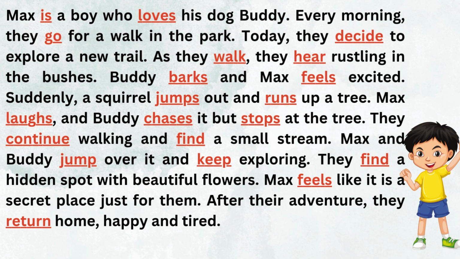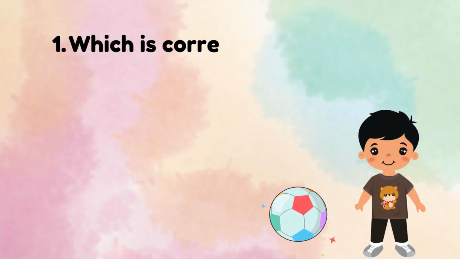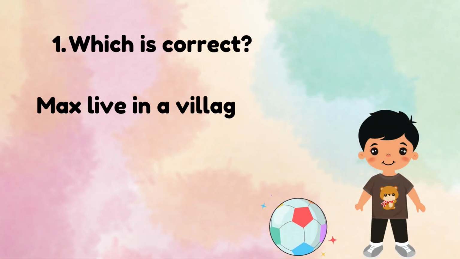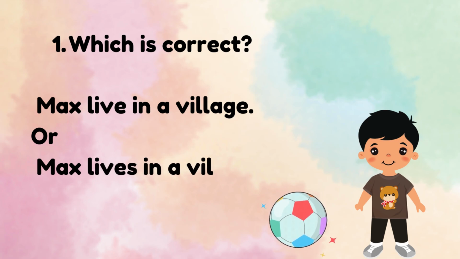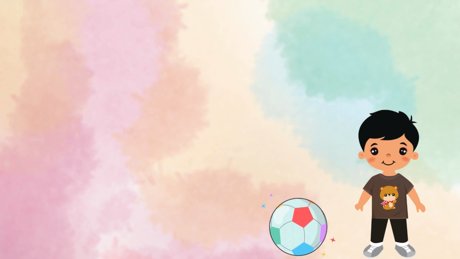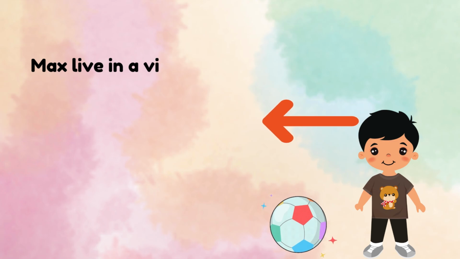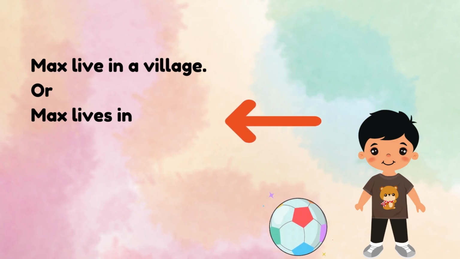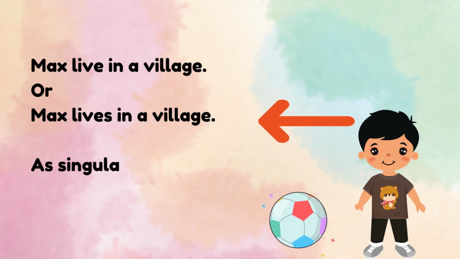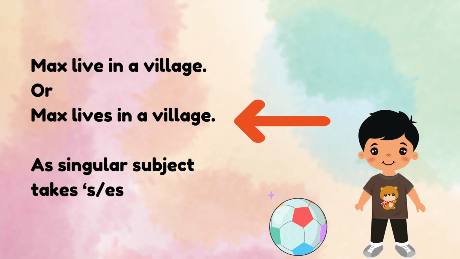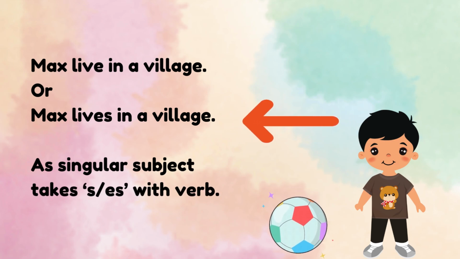Now, after listening to the story, let's check our understanding through these sentences. First one, which is correct? Max live in a village or Max lives in a village? The answer is Max lives in a village because a singular subject takes S or ES with the verb.